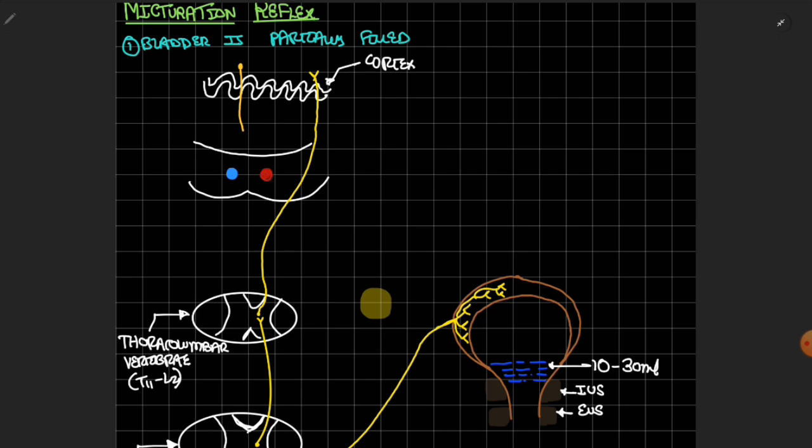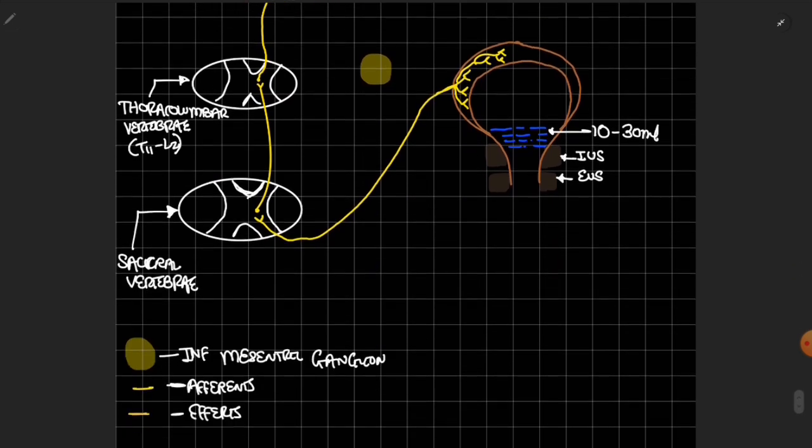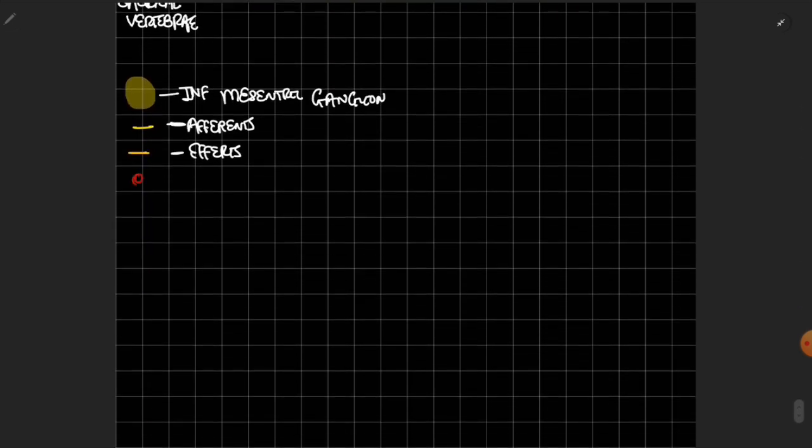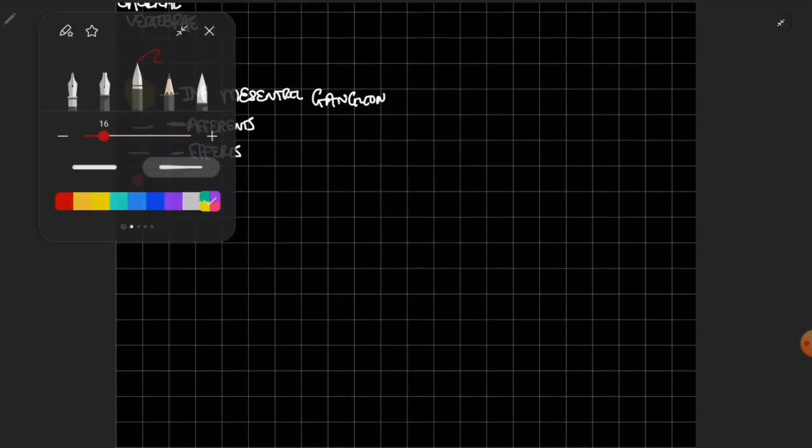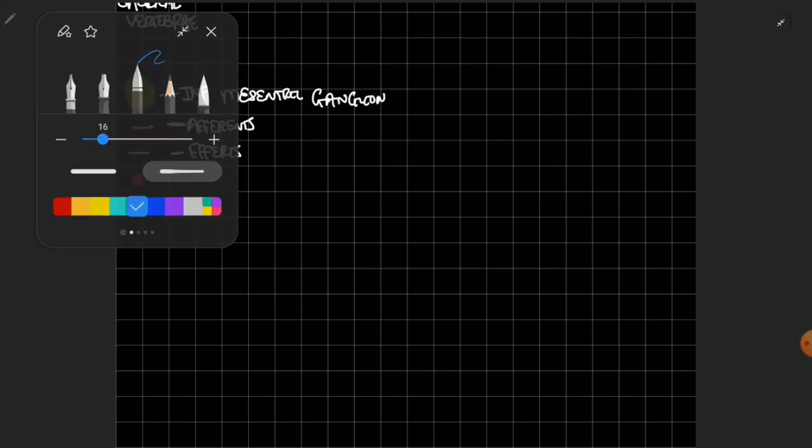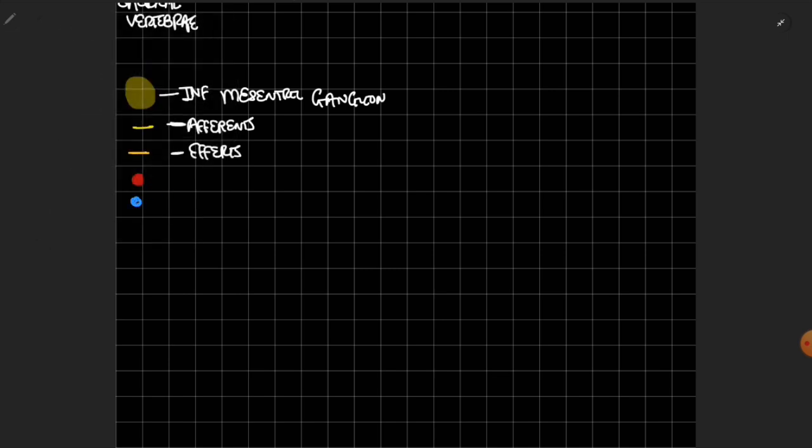So what are the centers? Let me write it here. The red one is the pontine micturition center, and the blue one is the pontine storage center.